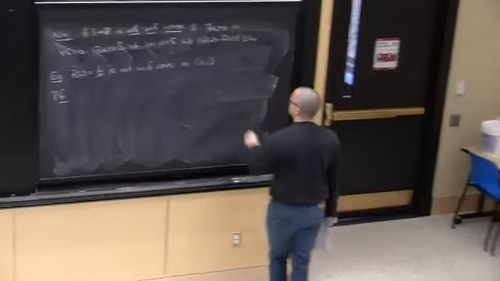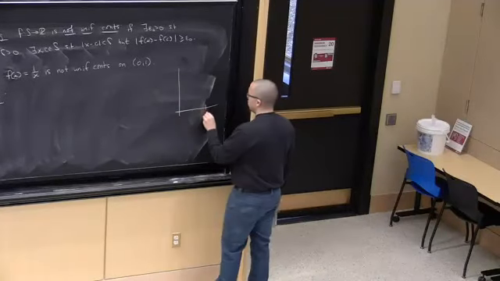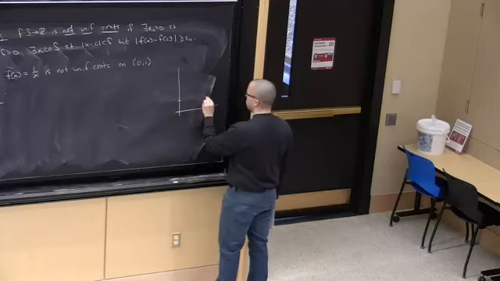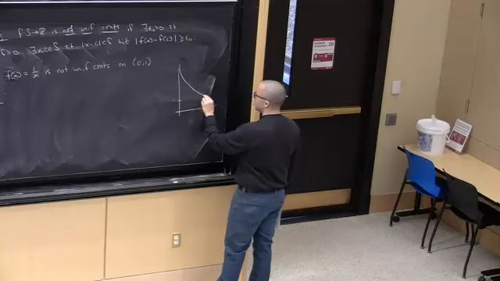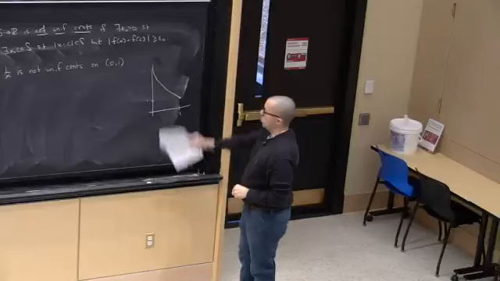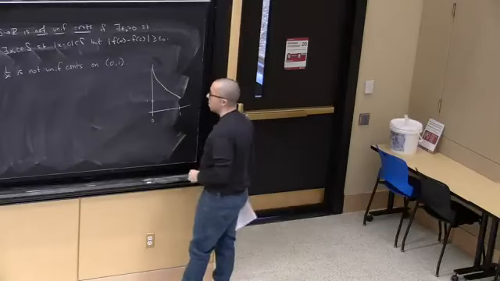And what's the idea behind this? Here's 1. Okay, this is not to scale, but there's 1 as well. And 1 over x shoots up to plus infinity as x approaches 0. Right?